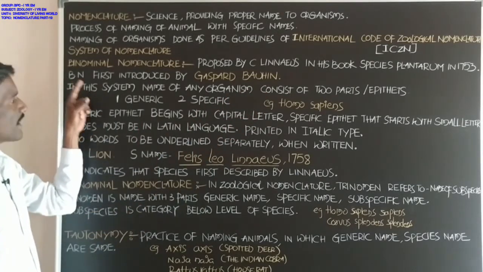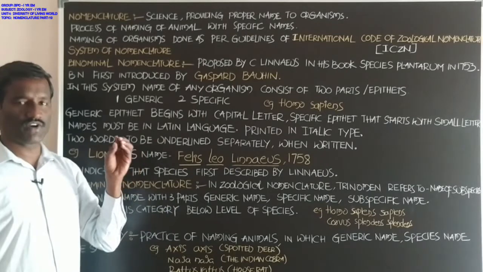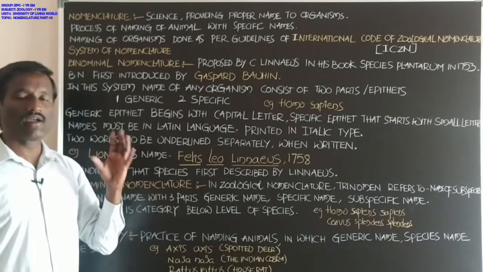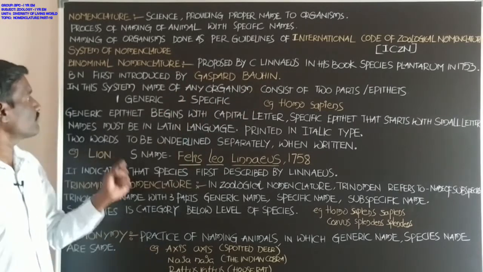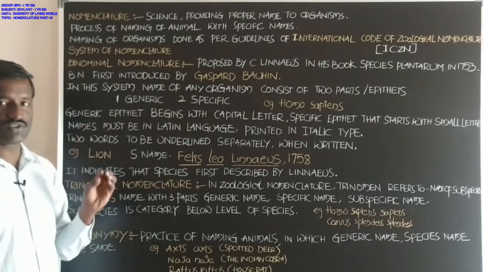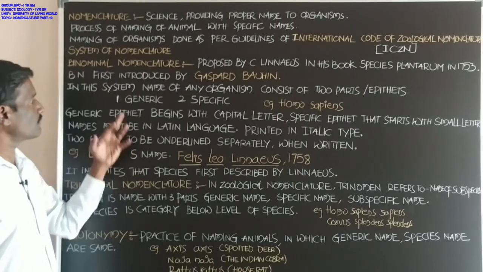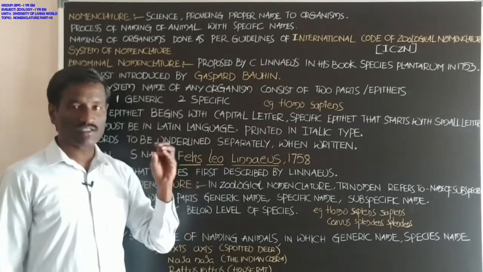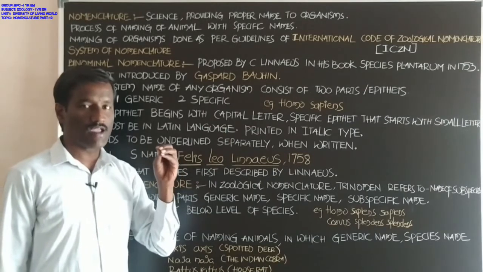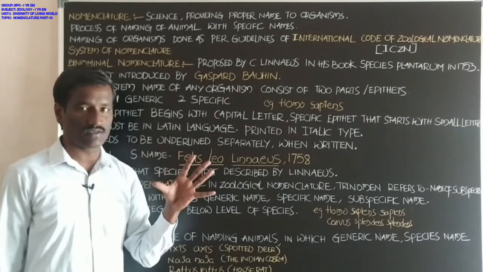Binomial nomenclature was first introduced by Gaspard Bauhin. Next, students, very important, listen carefully. In this system, the name of any organism consists of two epithets, two parts.